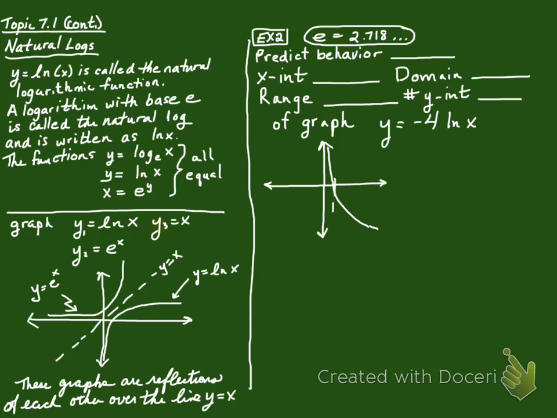So that's exactly what happens. To predict the behavior, well, it's going to start in quadrant 1 and move to quadrant 4. The number of y-intercepts is 0. There we go, quadrant 1 to quadrant 4. The x-intercept is still at 1. The domain, again, is x is greater than 0. The range is y is going to be any real number.